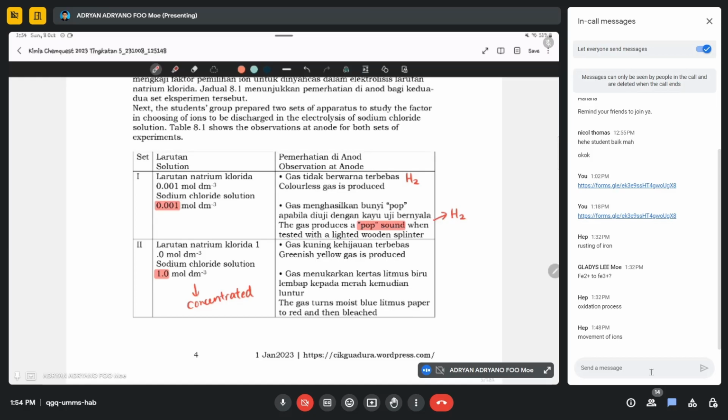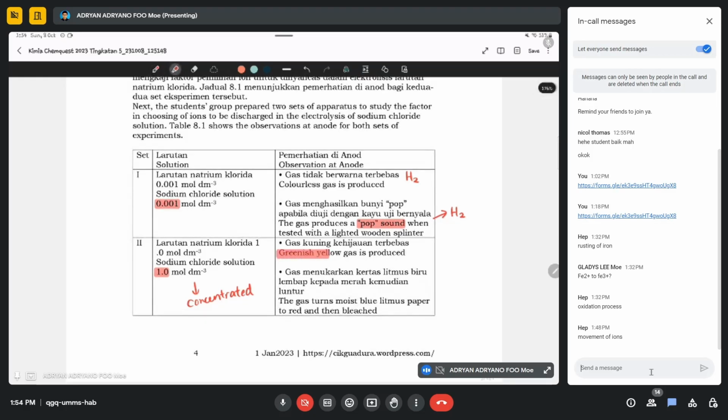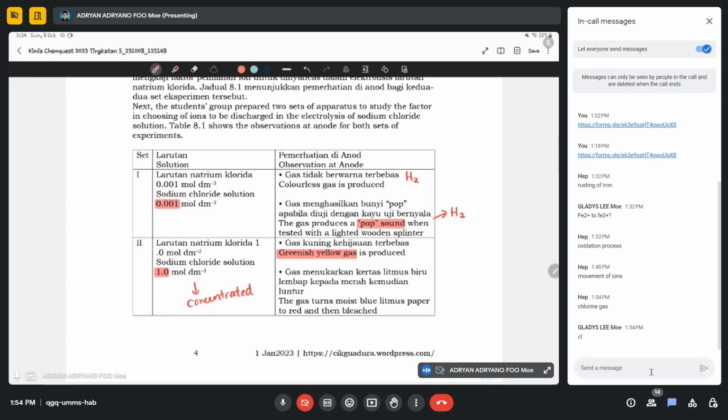Okay, now the second set: greenish yellow. You all tell me, what gas is greenish yellow in daily life? Yes, chlorine gas. So you see, you already know, this produces chlorine gas. Why does it turn blue litmus red? Because chlorine is acidic. It's logic. I don't have to memorise everything, this is chemistry logic.